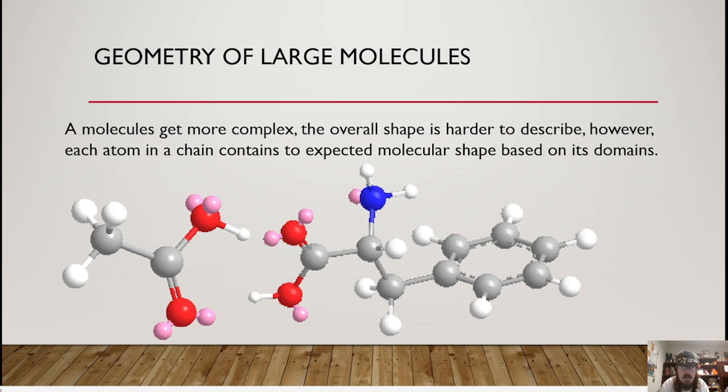We have on the bottom left acetic acid, the key component of vinegar. The carbon 1 on the farthest left is adopting a tetrahedral shape. Note the 4 electron domains. Carbon number 2, the gray carbon that's attached to the 2 oxygens, is adopting a trigonal planar shape.